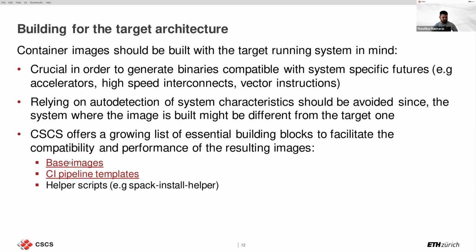We have various base images, and here I have a link. You have the CI pipeline templates that you saw also, and there are several more to help you, and more are coming to support also the different architectures. And you have helper scripts like the Spack install helper that Andrea showed before, that can help you so that you don't have to specify every architecture characteristic by yourself.